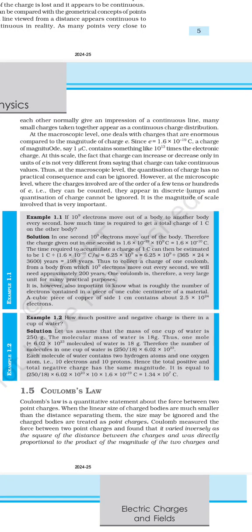Now comes example 1.1. What it says is, basically, there are 10 power 9 electrons moving out of a body to another body every second. How much time is required to get a total charge of 1 coulomb on the other body? So we can simply write that Q is equal to ne, and n is equal to Q by e. So we know e, and Q is 1, so 1 by 1.6 into 10 power minus 19.